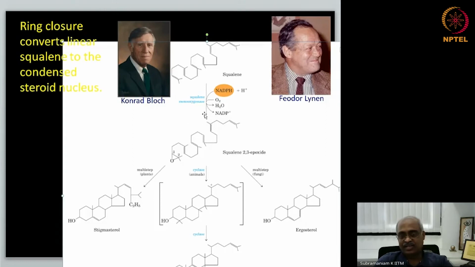Okay, all you need is an epoxide formation. Okay, an oxygen from oxygen molecule. So the other oxygen takes up electrons from NADPH and becomes H2O. And the other oxygen is added to this double bond, like peroxidation reaction, forming squalene epoxide. Okay.